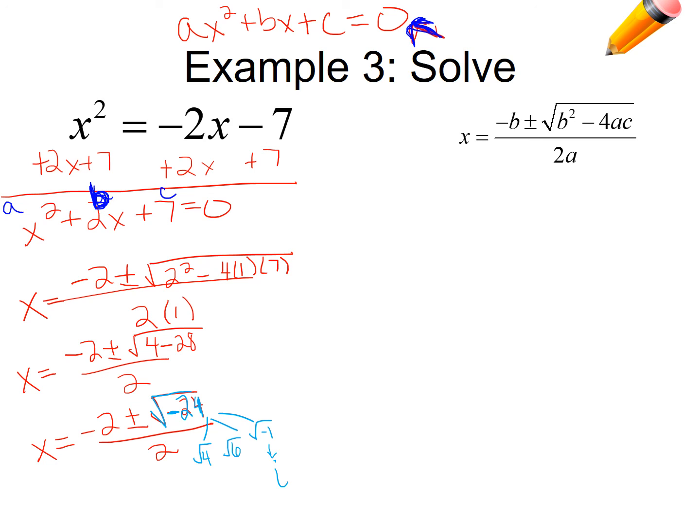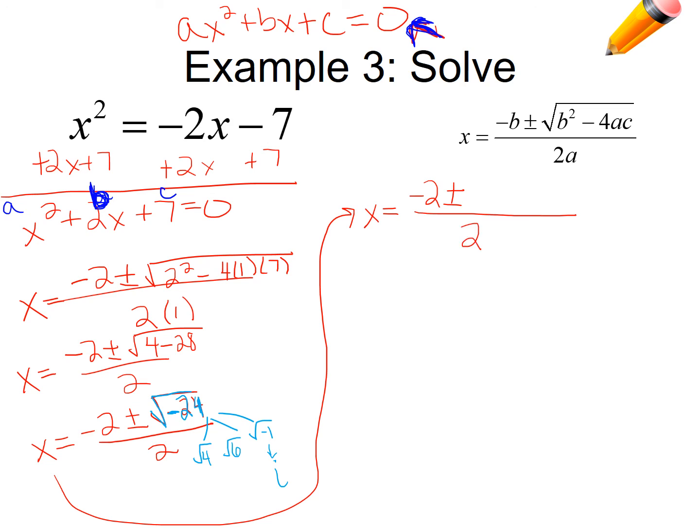So my simplified answer, if we were to keep this going, I'm going to continue my work up here, we get x is equal to negative 2 plus or minus, all over 2. So we're going to get the square root of 4, which is 2.